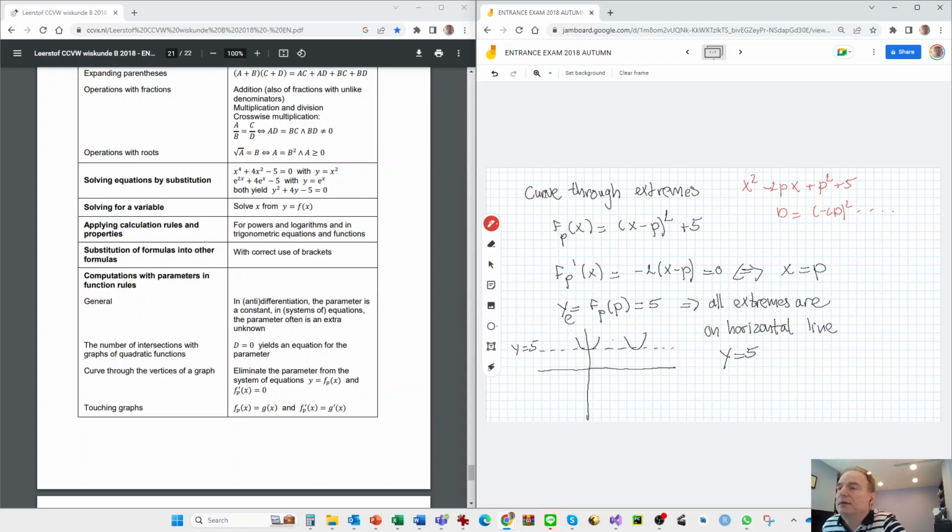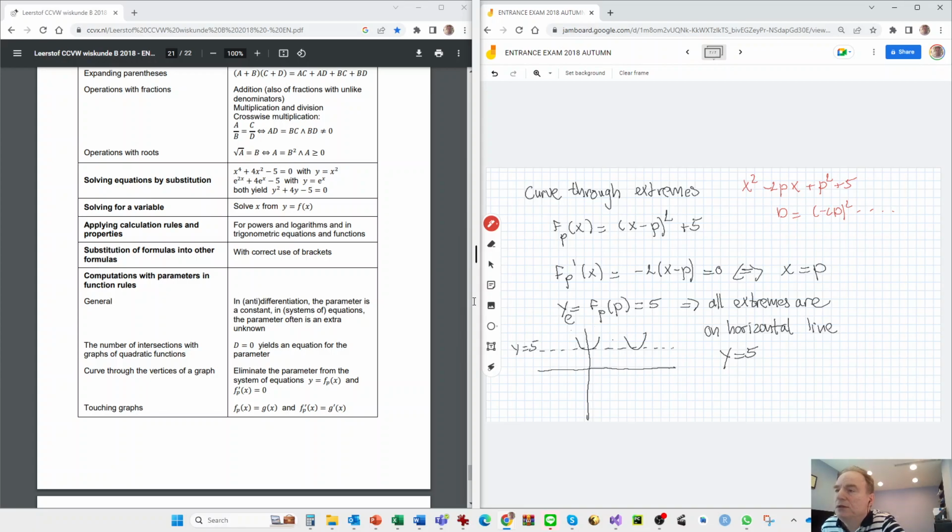Then you often get these kind of questions with functions that depend on some parameter p. And you just have to consider this like a constant when you take derivatives, etc. But you get questions like, for this kind of class of functions, how to make a curve through the extremes, what they call vertices of the graph.